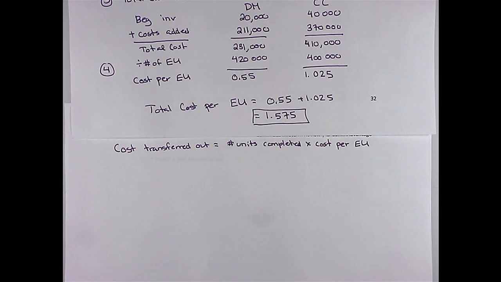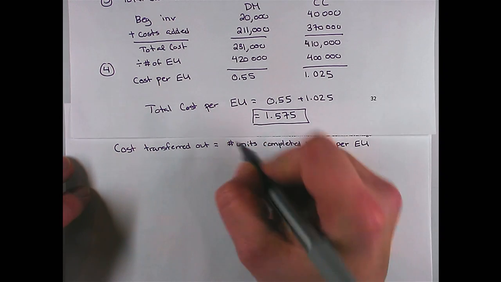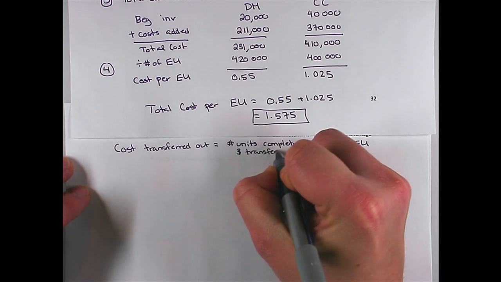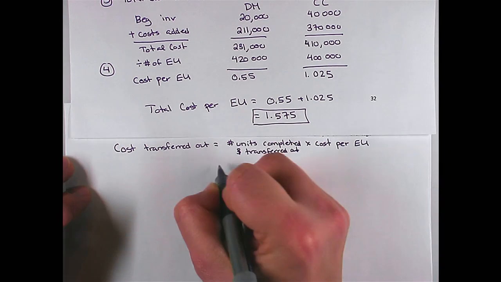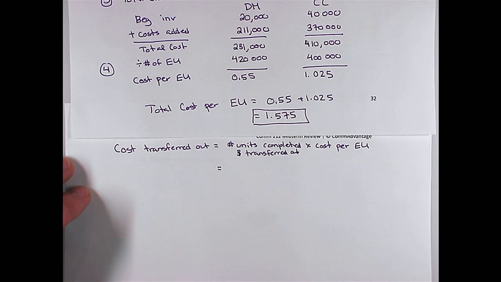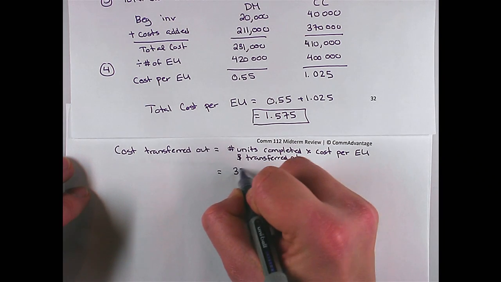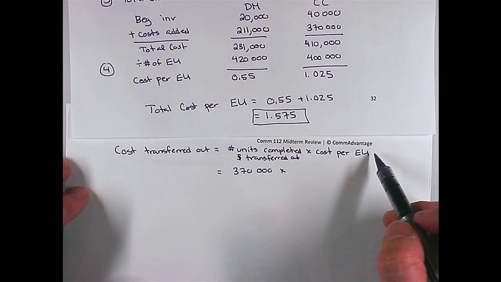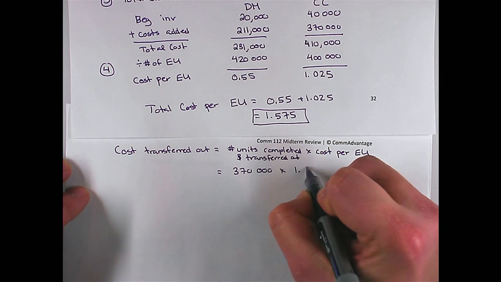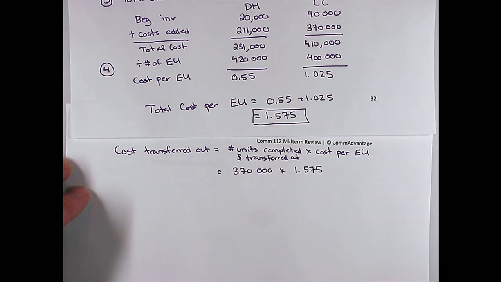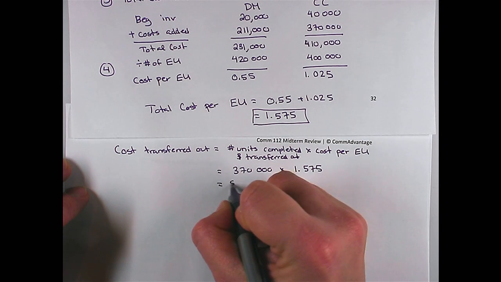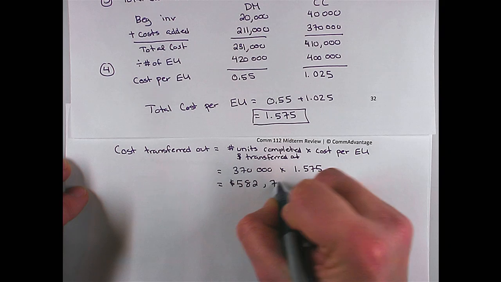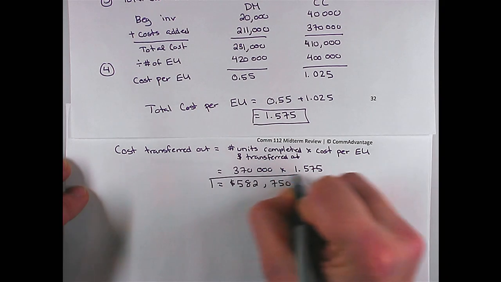And so we know that the number of units completed and transferred out, just to be super clear there, that was that 370,000, and the cost that we have of production is this 1.575, which gives me a cost here of 582,750.